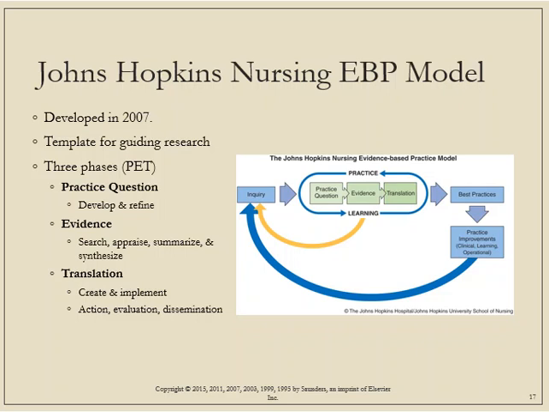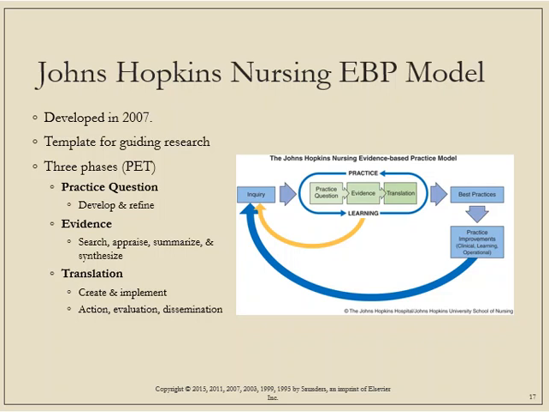This model has 3 phases, and it's a goal with the model to build a culture of nursing practice based on evidence. So it aims to demystify the process for bedside nurses and embed evidence-based practice into the fabric of nursing care.